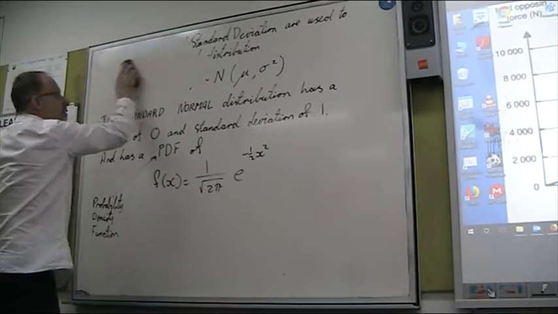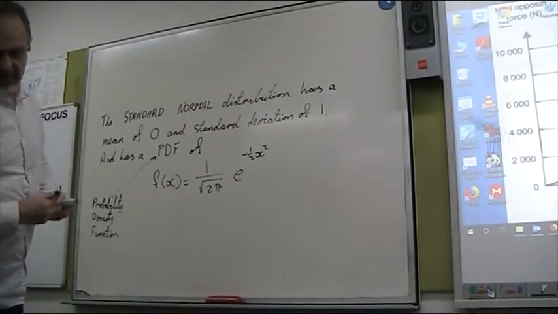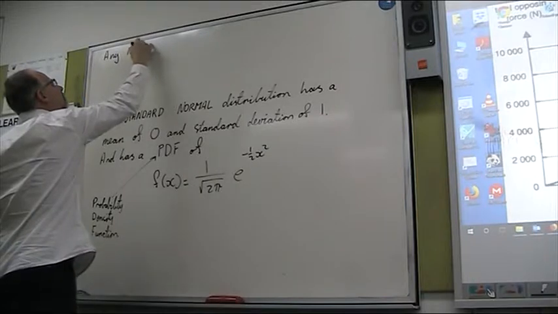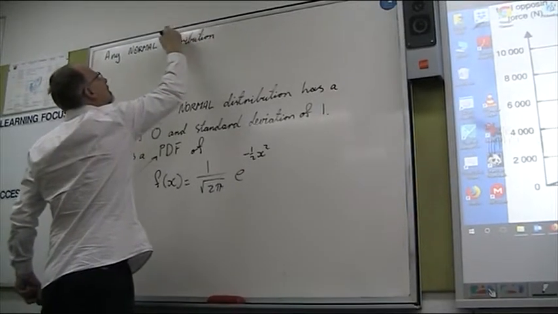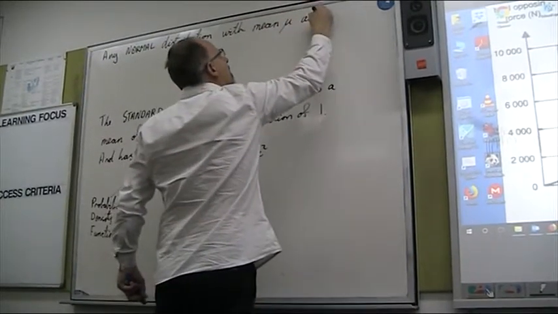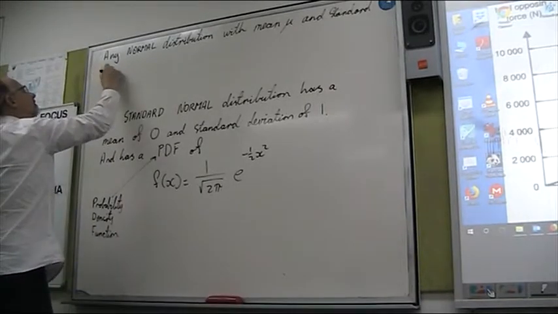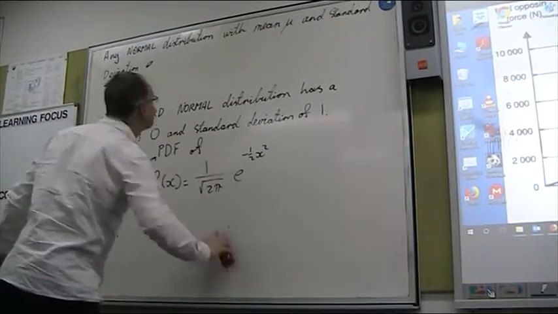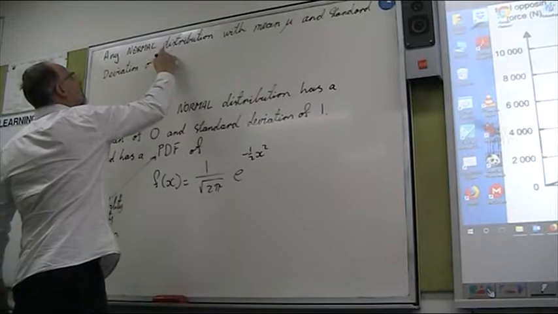Any normal distribution with a mean of mu and a standard deviation of sigma has the PDF.